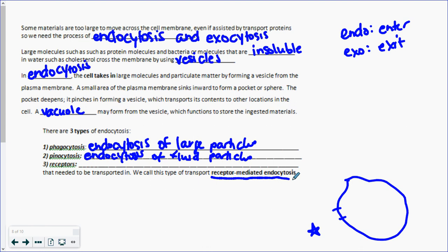So receptor-mediated endocytosis, what actually happens is receptors on the cell surface, these are essentially proteins from the membrane surface, detect specific compounds that they're looking for.